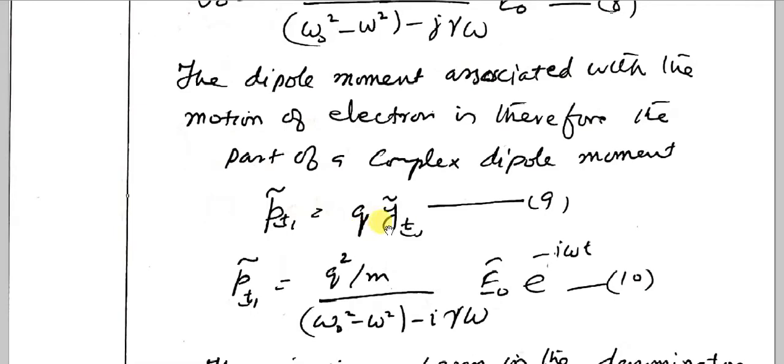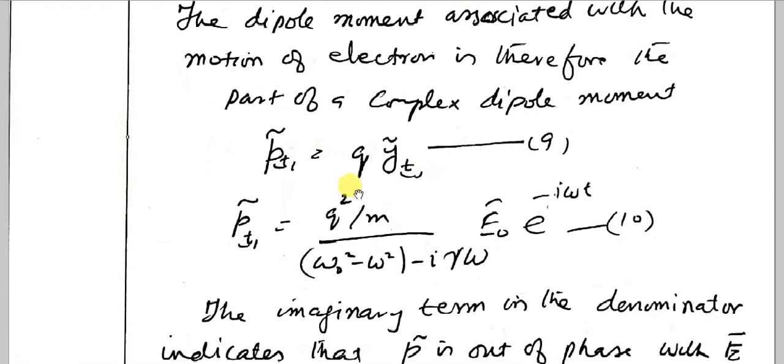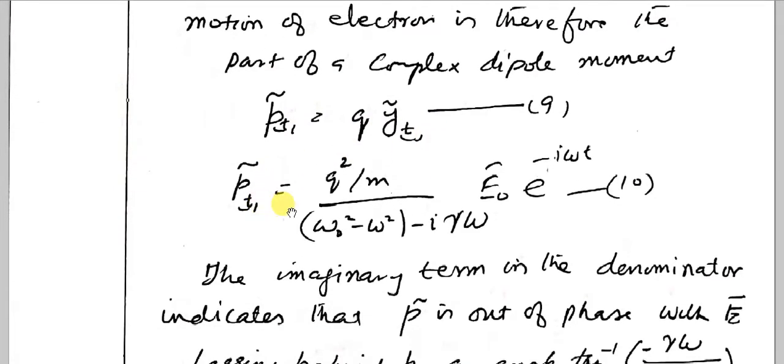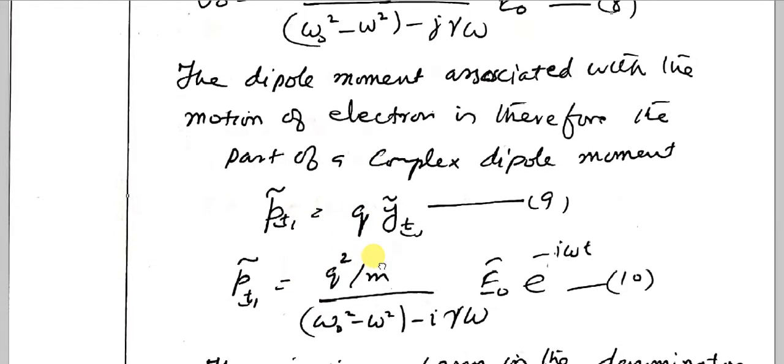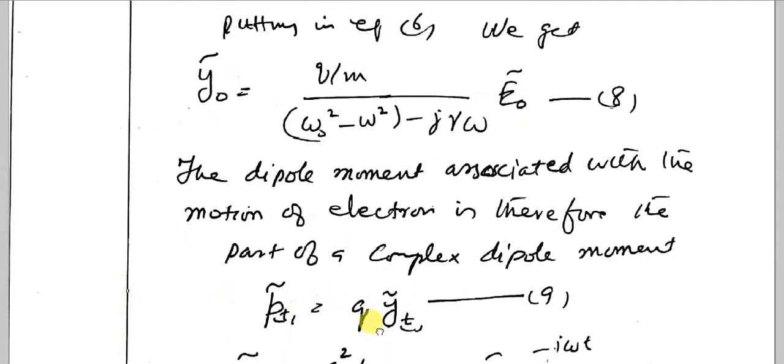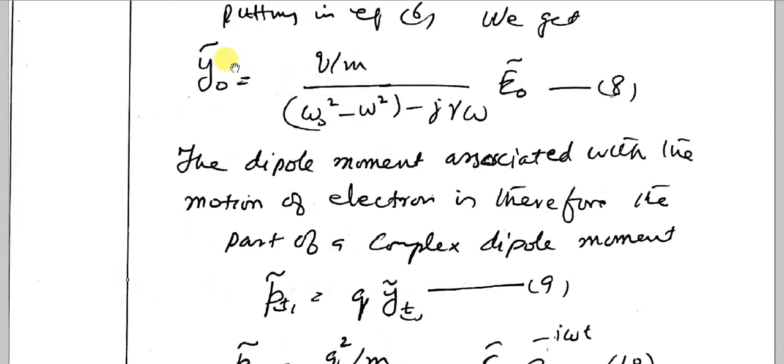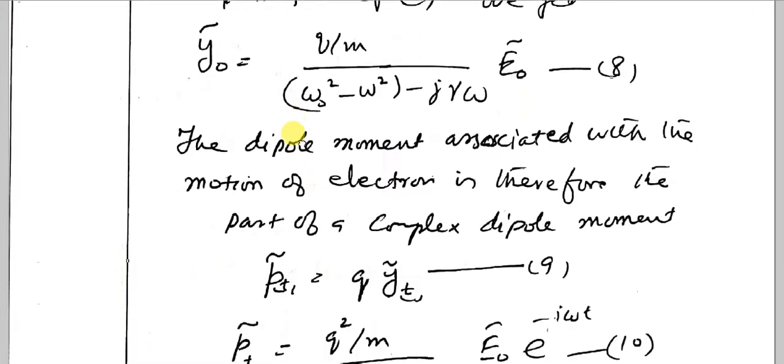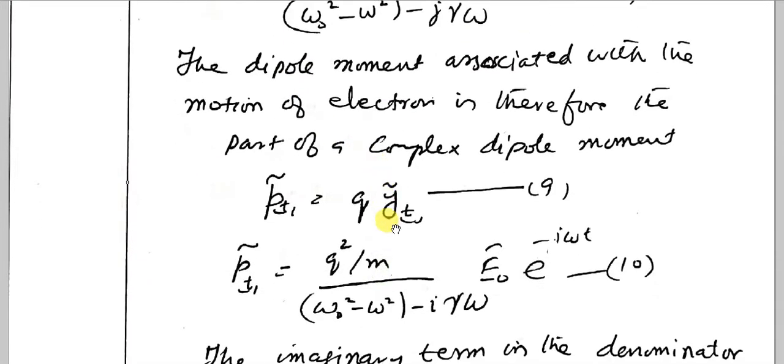Putting in the value of y of t, which is y naught, it equals E naught terms and q square by m, omega naught square minus omega square minus i gamma omega.